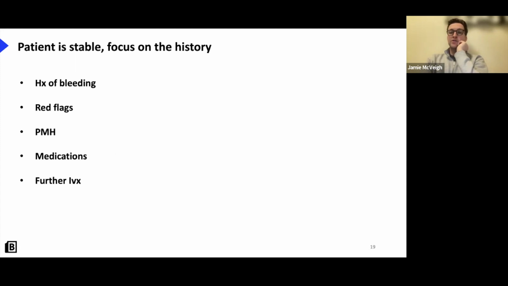Think about his past medical history. Is he on any anticoagulants for AF, for example? Is he on antiplatelets for ischemic heart disease or previous stroke? Because those might be antagonizing the bleeding, and therefore making it worse. And so you can think about stopping those in the future.